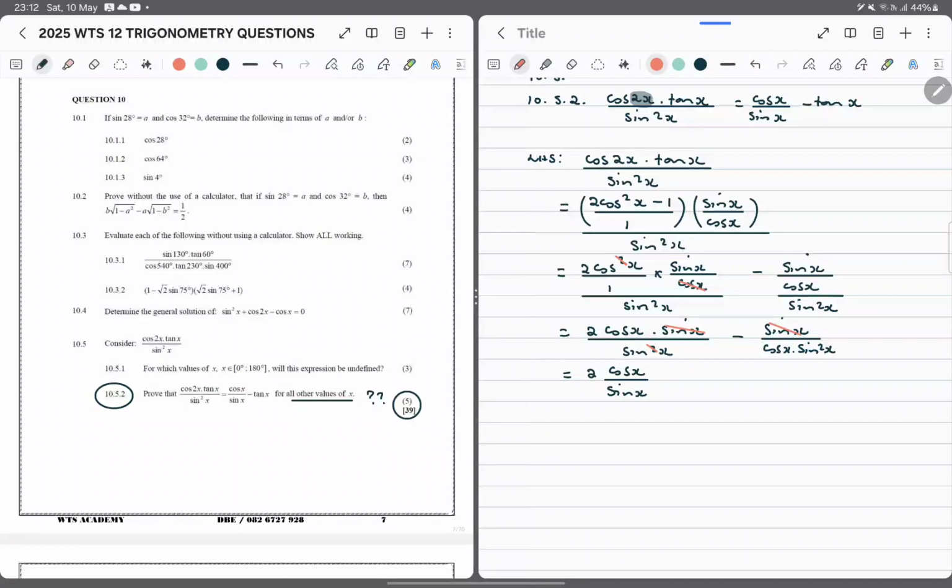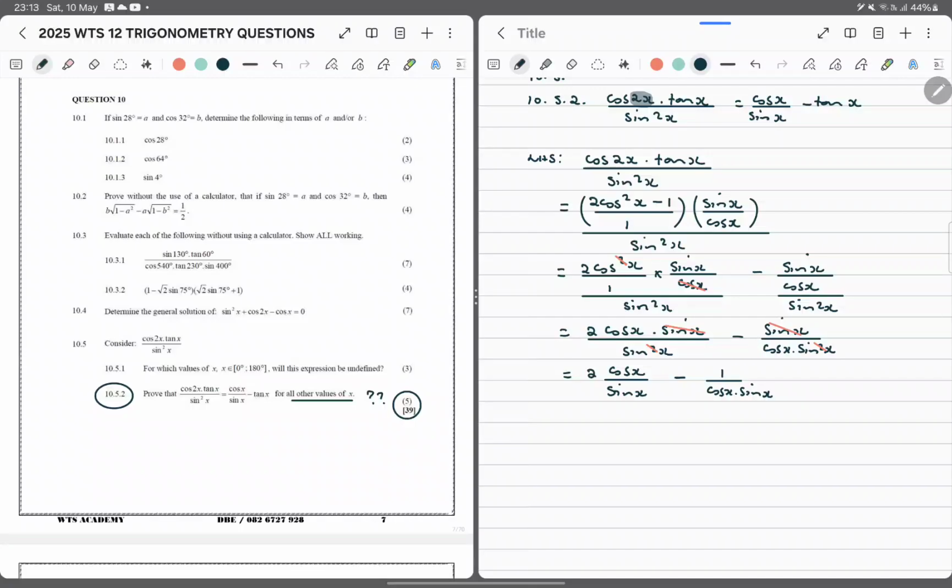For me, it looks and feels like this square was supposed to be there. The sine was supposed to be here. That's what I feel. Because this way, I'm not getting anywhere. Of course, this is solving this properly. We end up with 1 over cos x sine x.